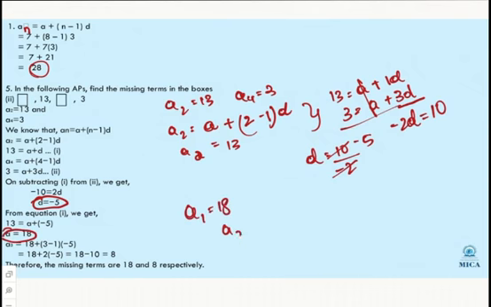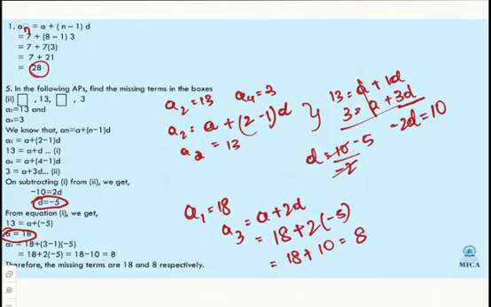To find the third term, we can put the general form, that is A plus 2D, which is equal to 18 plus 2 into minus 5, which is equal to 18 minus 10, which is equal to 8. Or we can also use this method, that is A plus n minus 1 into D. Hence, the missing terms are 18 and 8 respectively.